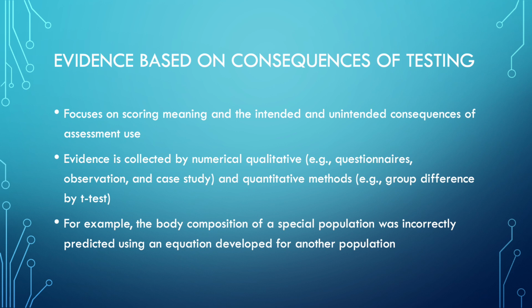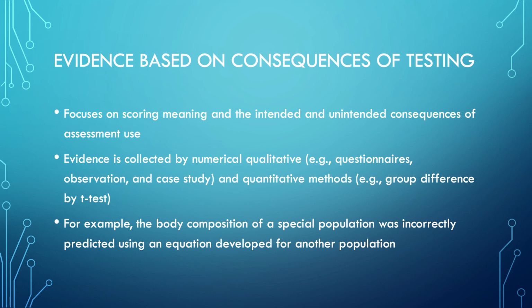One of our examples of consequences of testing is using the body composition of a special population incorrectly because we used an equation that was developed for another population to try to predict the composition of that special population. So for example, if our special population was individuals with Down syndrome, individuals with Down syndrome often have a higher body fat percentage and lower lean body mass than people without Down syndrome.